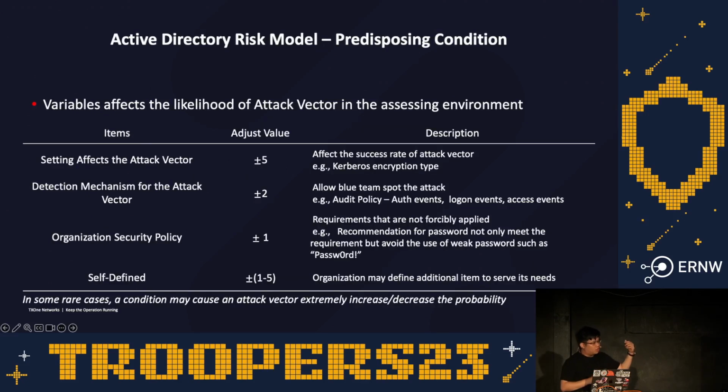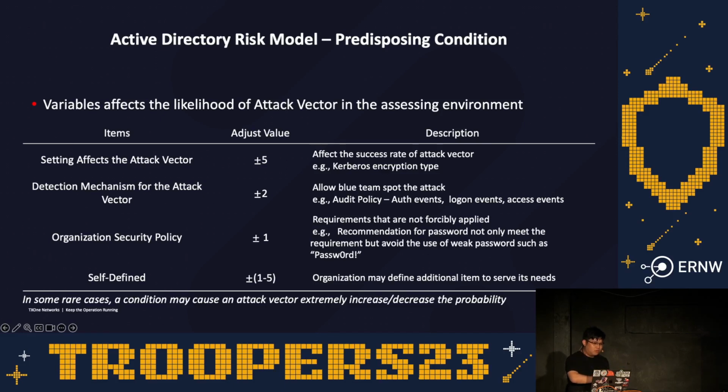But we will also adjust this value by the predisposing conditions. It is a variable, as we said, but we also provide some standards here. For example, if some environment settings can affect the attack vector directly, you can choose an adjustment value of 5.